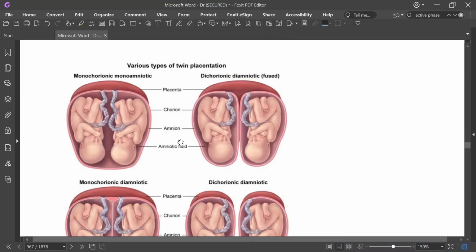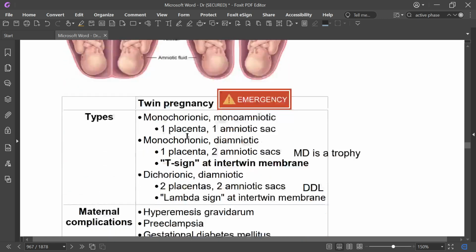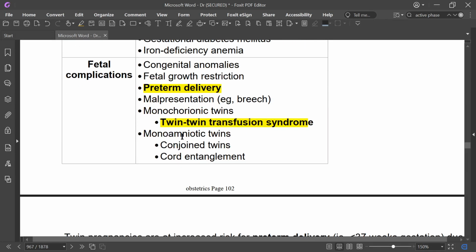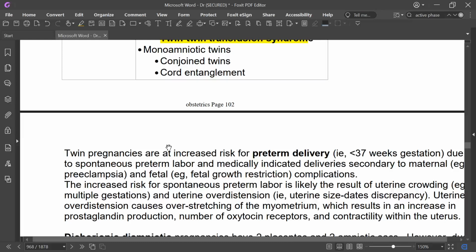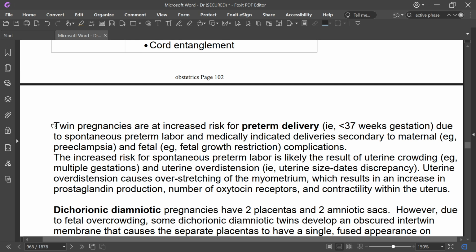Monoamniotic twins can have conjoined twins and cord entanglement. Twin pregnancies have an increased risk of preterm delivery, very high. Delivery before 37 weeks in twin pregnancy is due to spontaneous preterm labor and medically indicated delivery secondary to maternal preeclampsia and fetal growth restriction complications.